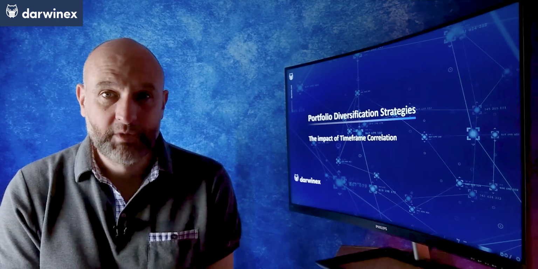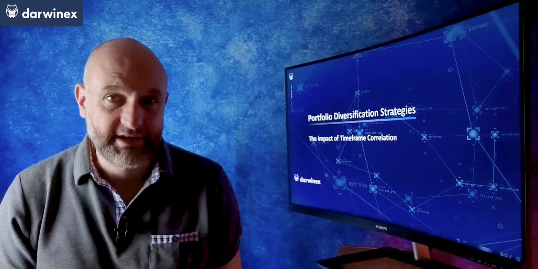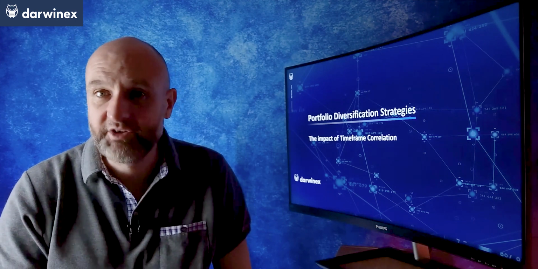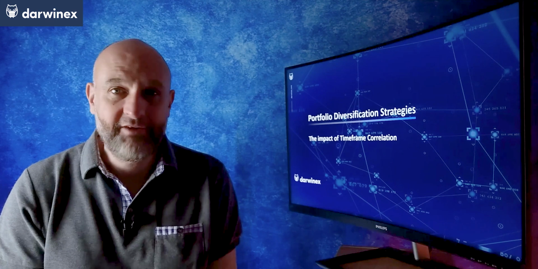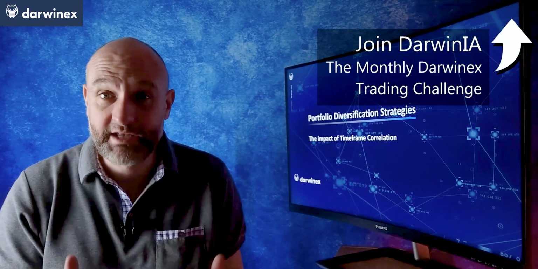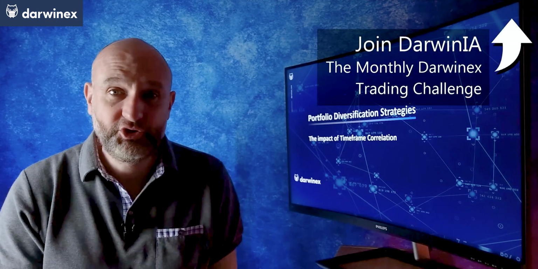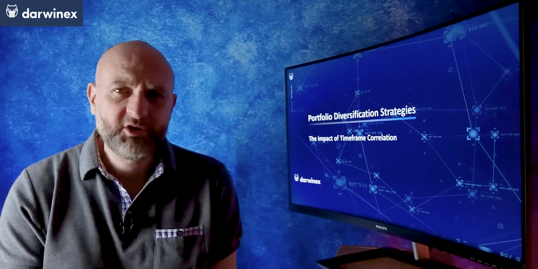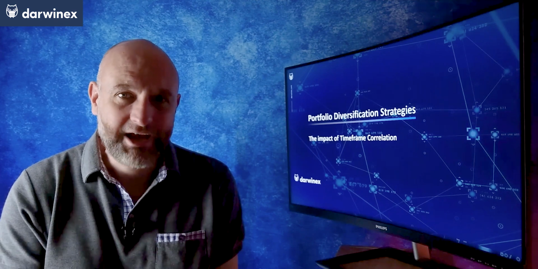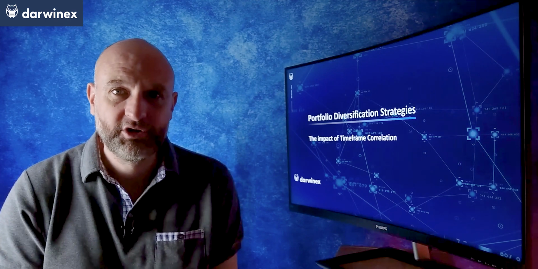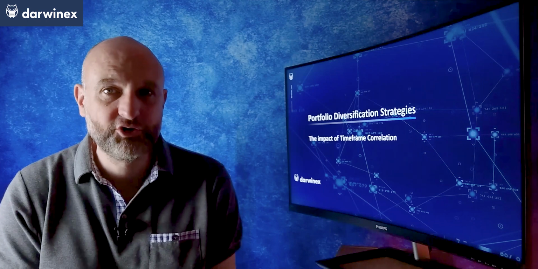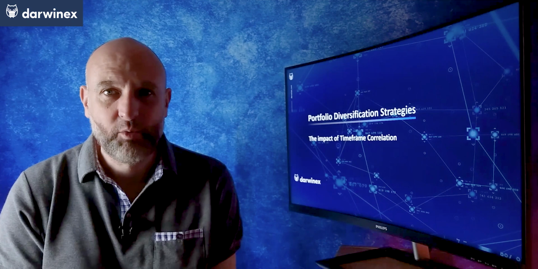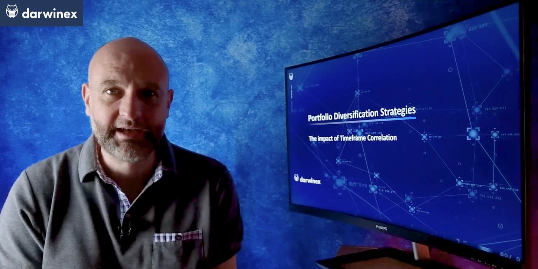So for example, you might have developed a trading strategy that works well in the M15, H1 and H4 timeframes, and therefore probably in all of the timeframes in between also. But should you trade all of these in the same portfolio? What if the correlation of the equity moves is so large that it means you experience larger drawdowns as a result of trading all the timeframes? Well, that is the subject that we'll be looking at today.